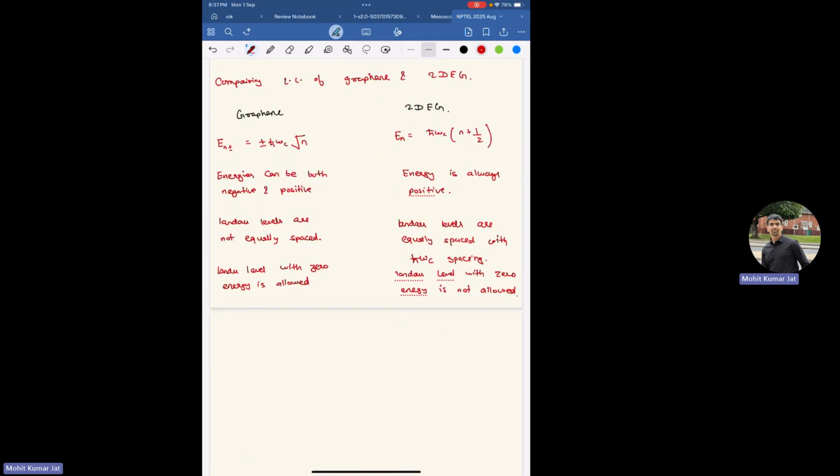So it will be eBL square by h bar pi, the degeneracy of Landau level in graphene is nothing but eBL square by h bar pi, which you can rewrite as omega c square L square by 2 pi Vf square.